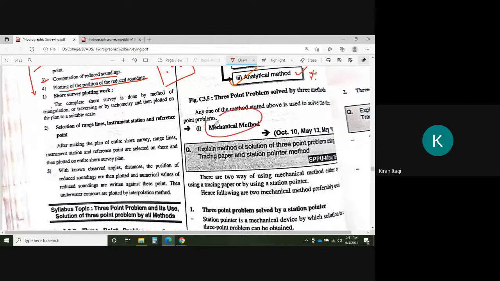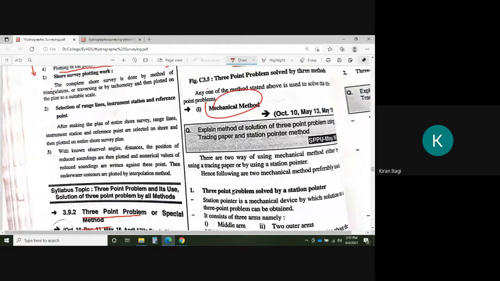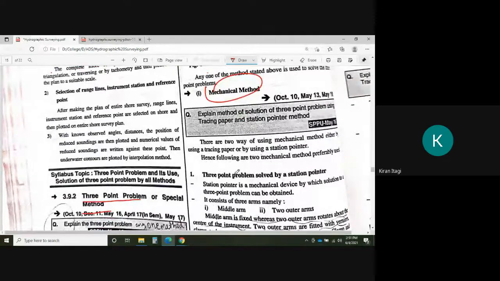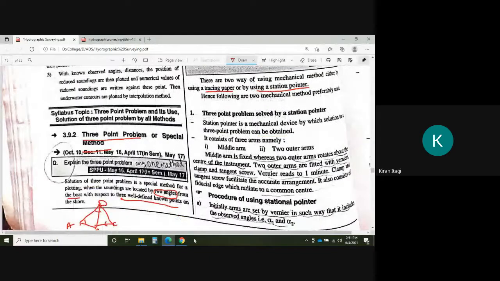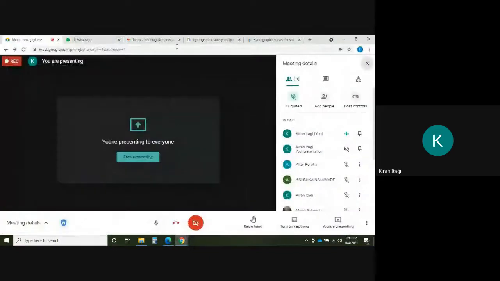First we have the mechanical method. There are 2 ways of using the mechanical method, either by using tracing paper or by using a station pointer. I will show you the figure of the station pointer, then I will explain it.